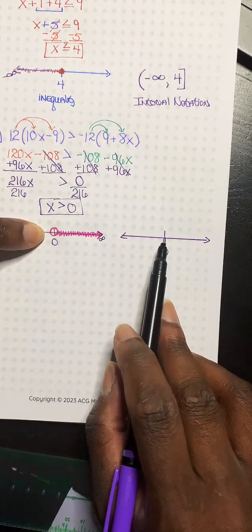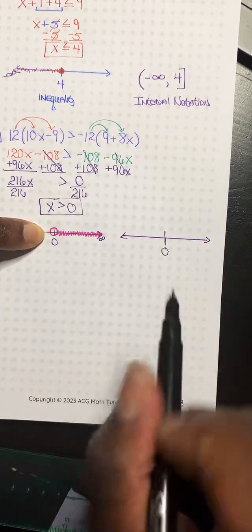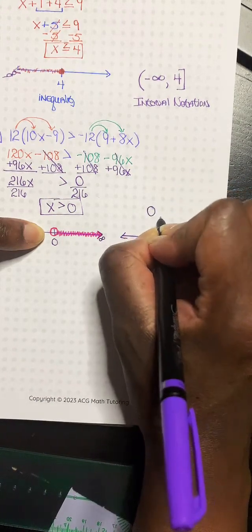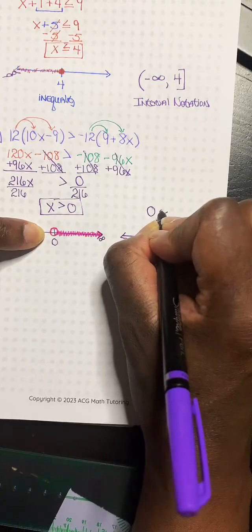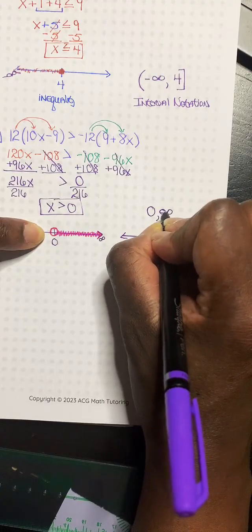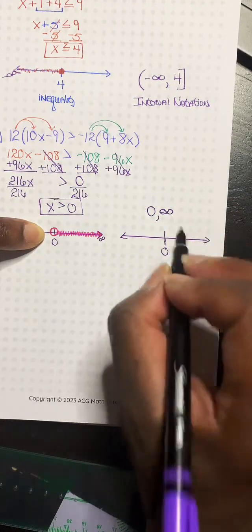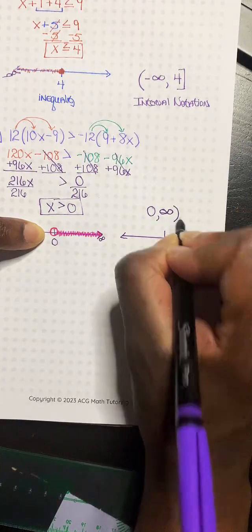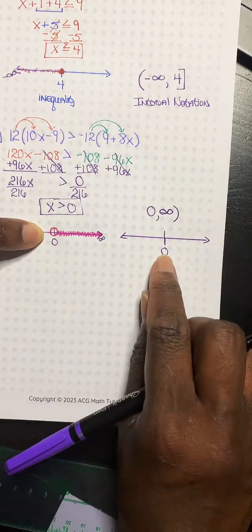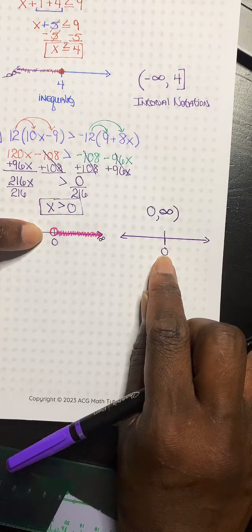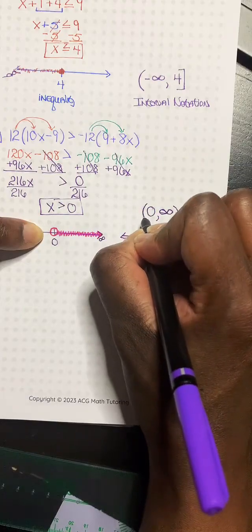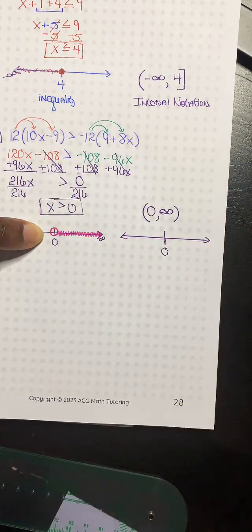Although we're not including 0, 0 is going to be my lowest number. And we're going all the way to positive infinity. Okay? Again, positive infinity, that's unbounded. But since my 0 is not included, that's also a parenthesis. Okay?